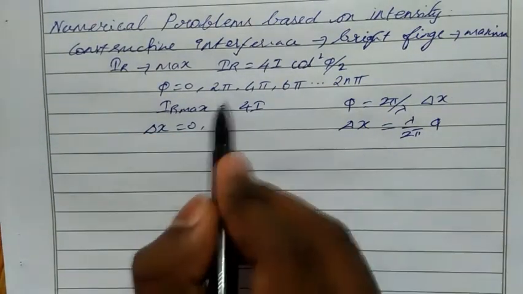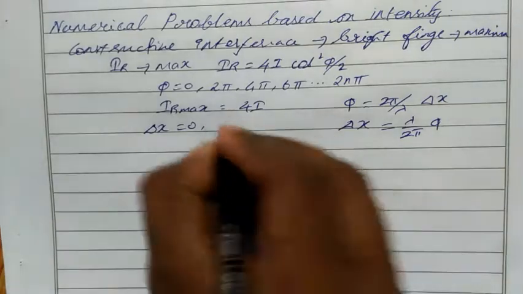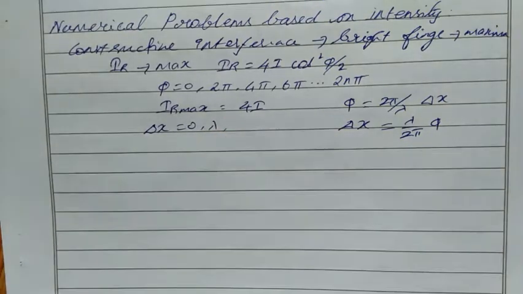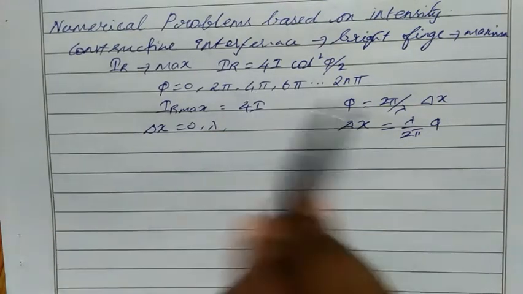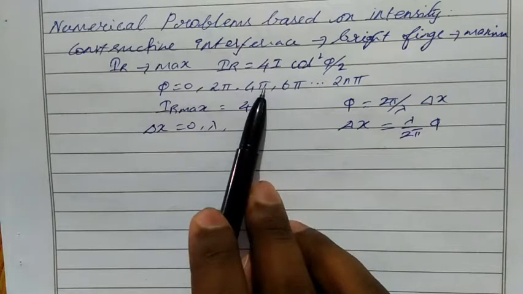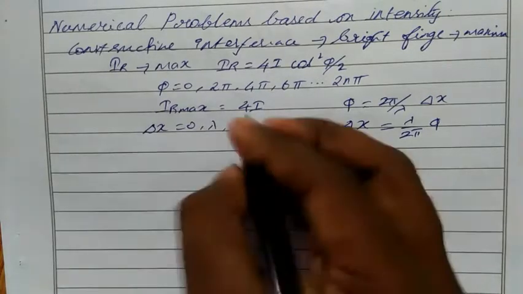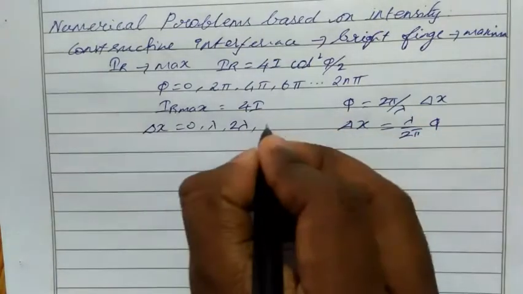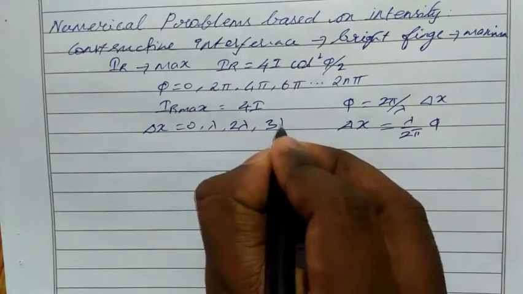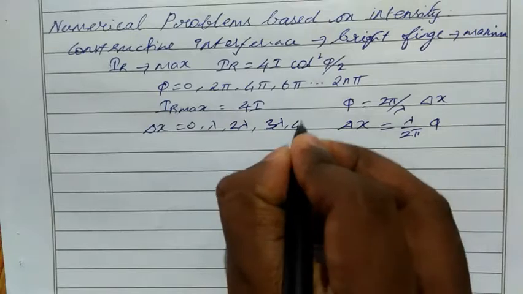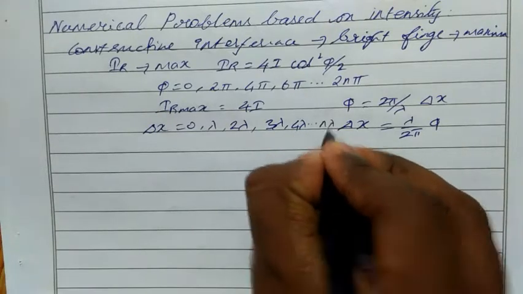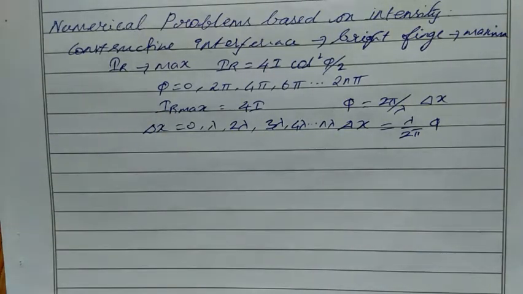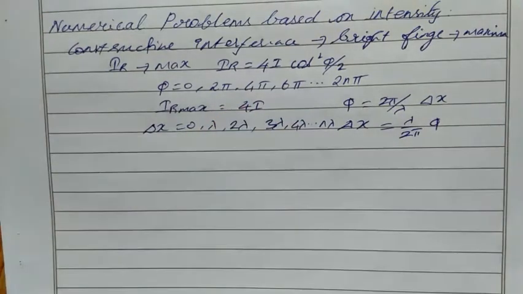If we substitute phi equal to 2 pi, then 2 pi get cancelled, we will get lambda only. Then if we substitute phi equal to 4 pi, then pi get cancelled, 4 by 2, we have 2 lambda. Then 6 pi, 3 lambda, 8 pi, 4 lambda, it goes on up to n lambda, which we already solved, okay, in the intensity topic.